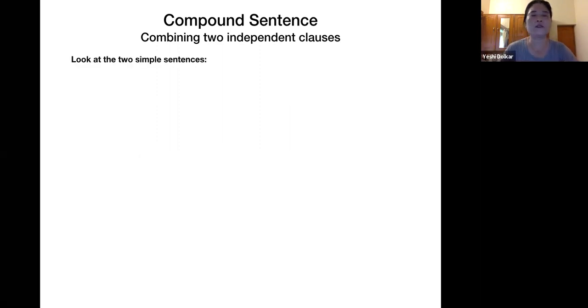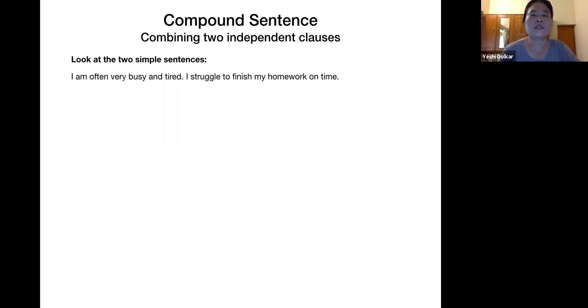Now look at 2 simple sentences. I will show you 2 simple sentences. Here: I am often very busy and tired. I struggle to finish my homework on time. This is what it means. You see, separate sentences, independent clauses.